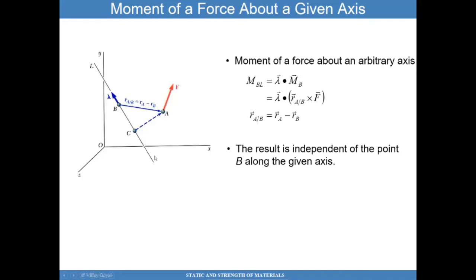It doesn't matter where you choose along this line L. As long as you draw a position vector R from that point to point A and do the cross product of R with F, you calculate a moment. Then take the dot product of that moment with lambda, which is a unit vector along the axis, and it will not matter which point you choose along this line, you will get the same answer.